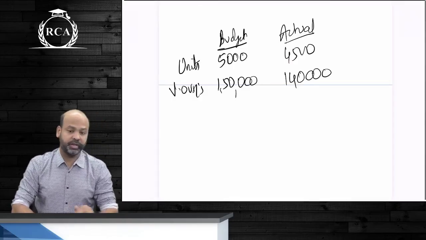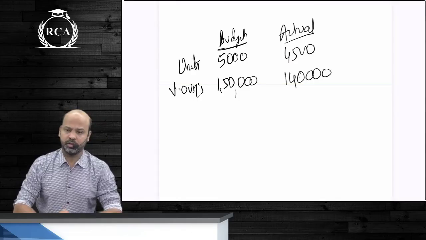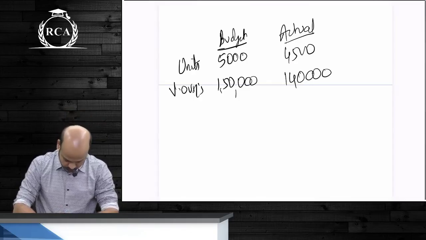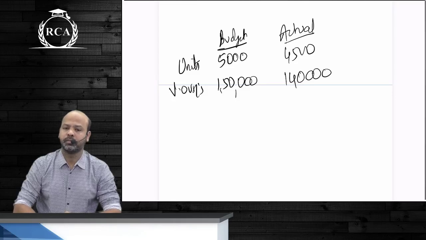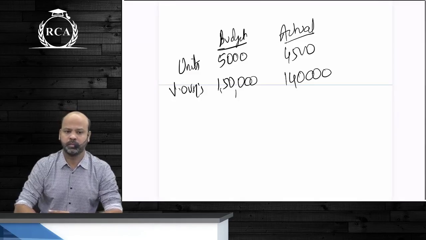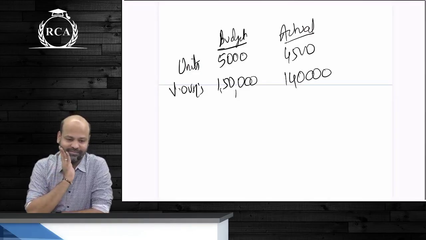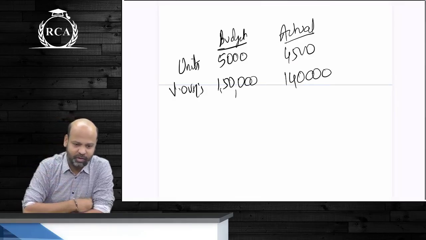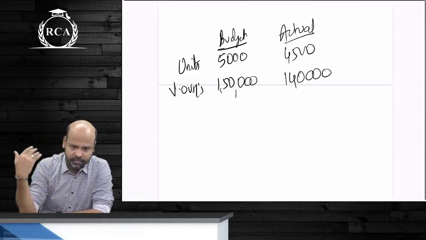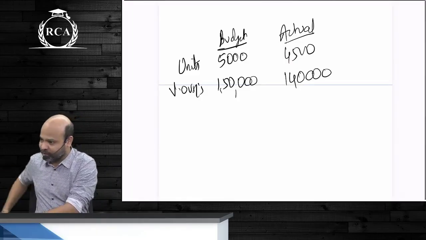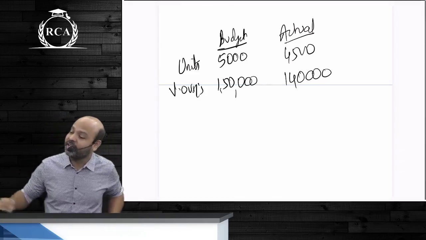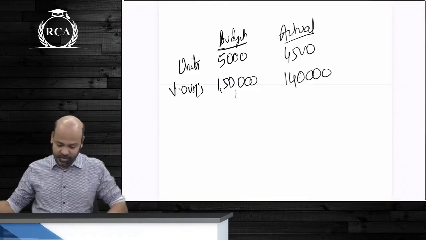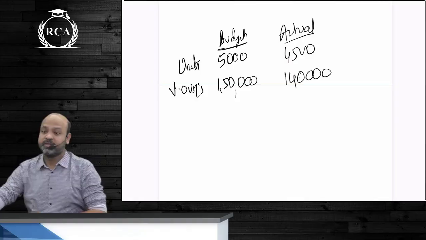Variable overhead efficiency variance. Rudraksh. क्या और धैर्य किसी और का चेहरा दिख रहा है? मंजरी, what will be variable overhead efficiency variance बेटा? 1 lakh. क्वेश्चन जो पूछ रहा हूँ उसका जवाब देना बेटा, ठीक है? यस रुद्राक्ष.